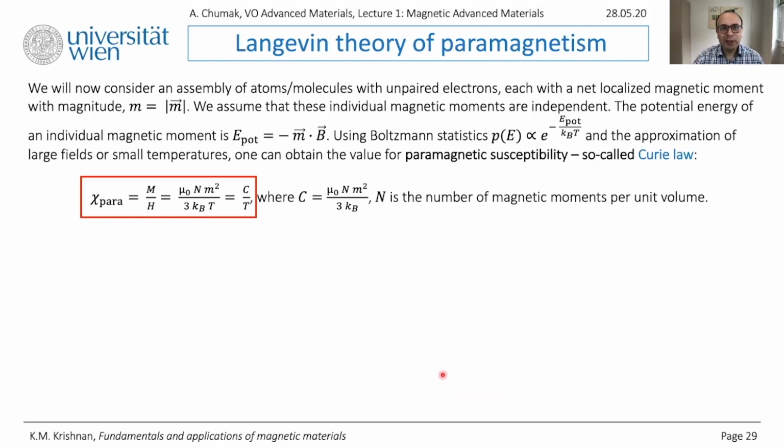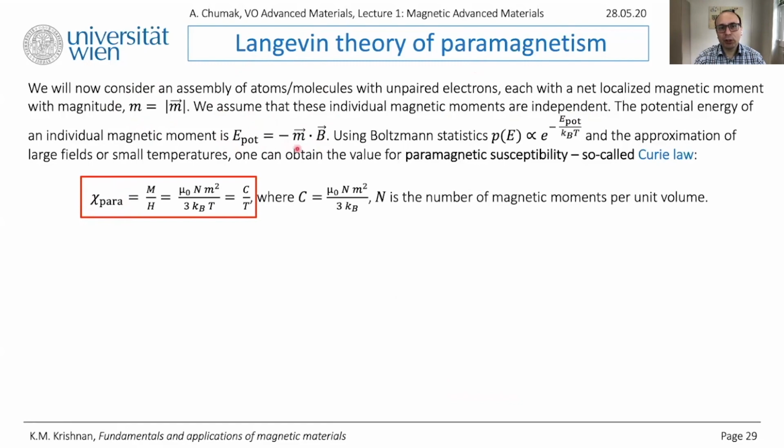And we are moving back to the question of how to get the susceptibility of paramagnetic materials. Here we are again talking about Langevin theory of paramagnetism. In this theory, we need to consider an ensemble of independent magnetic moments M. And exactly like we have seen in the slide with the green arrows, we need to put them into an external magnetic field.